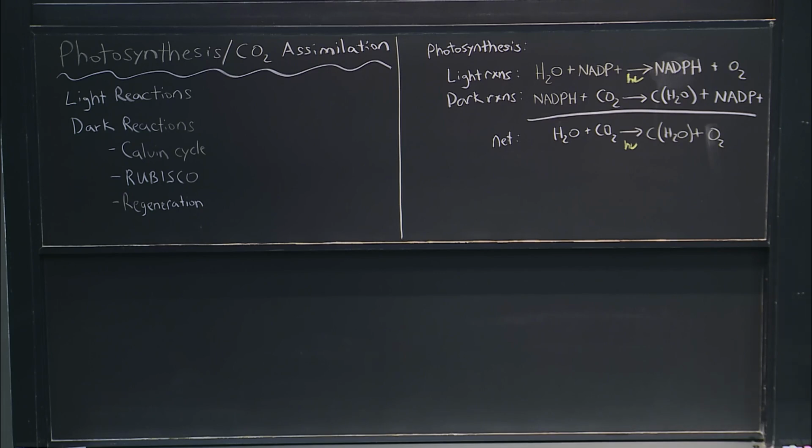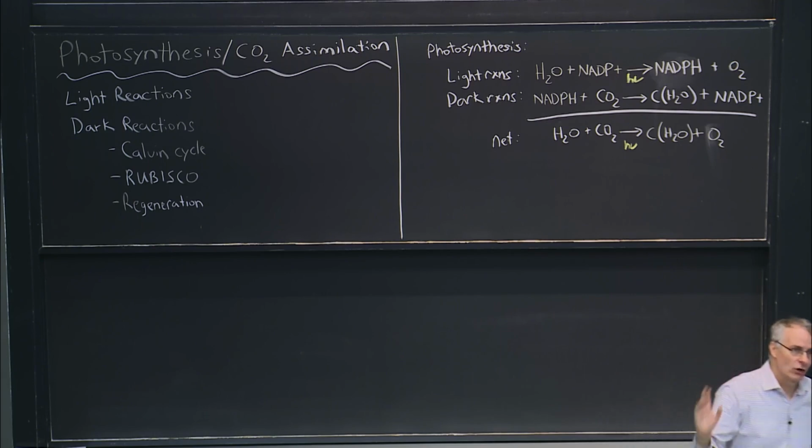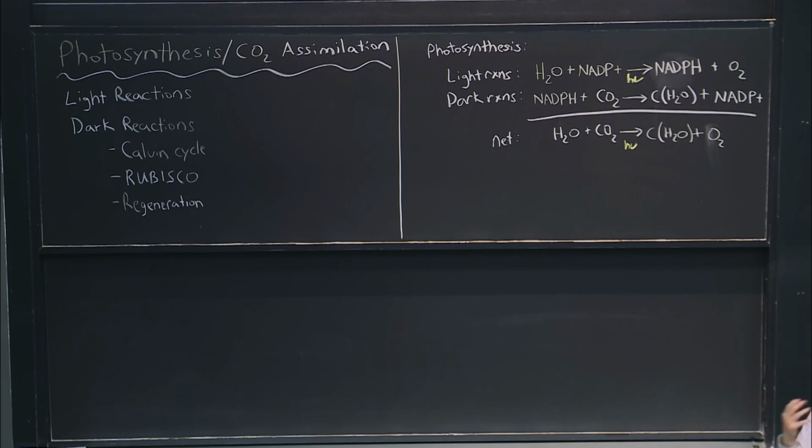And we started to discuss a bit about how this reaction works, and I mentioned that photosynthesis is broken down into light reactions and dark reactions. And so the light reactions are really along the same lines of the oxidative phosphorylation electron transport chain that we described, and that is basically using energy from the sun to use water as an electron donor to generate NADPH as well as oxygen.